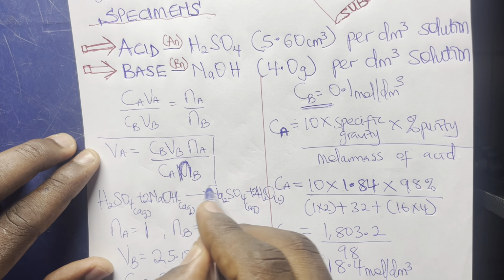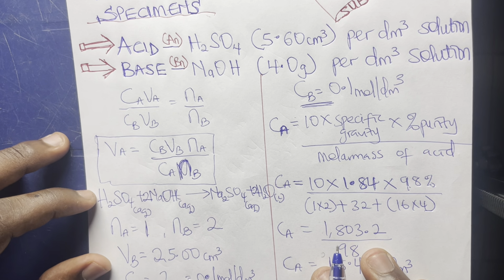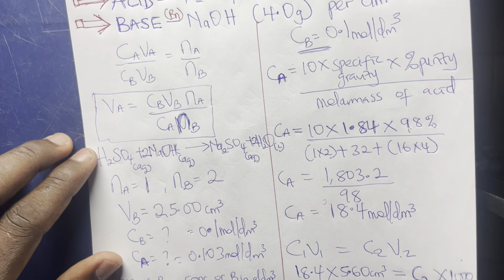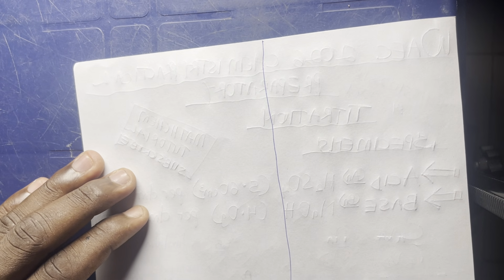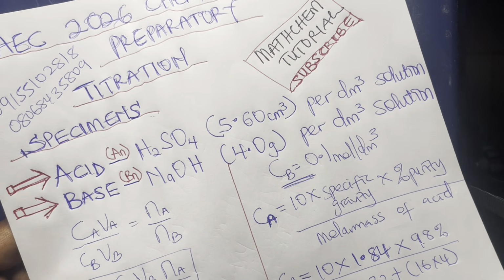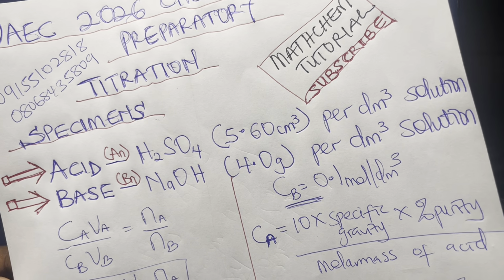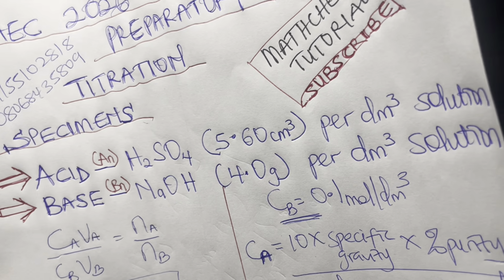Let me read this formula here and put it in brackets. Let me turn to the next slide. Now let's continue from here. Then we have our Va, which is the volume of acid used, the average titer value, which is the end point.